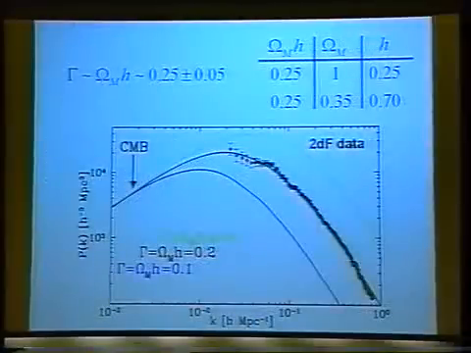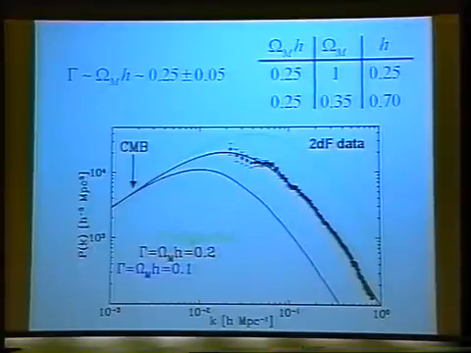Tomorrow we will see how to calculate the transfer function, but these are model universes for the power spectrum of large-scale structure. This is the data from the 2dF survey, and it is well fit by a model universe with a combination of omega in matter times h of 0.2.